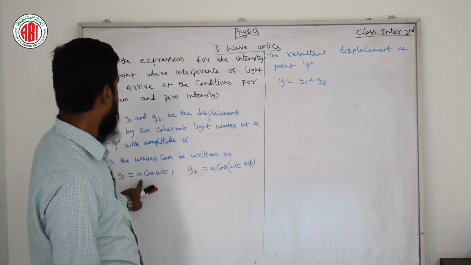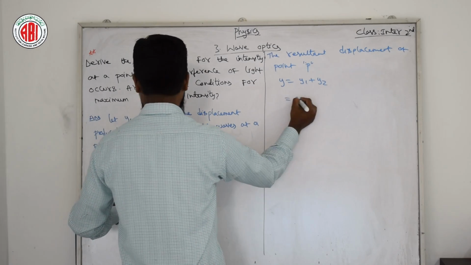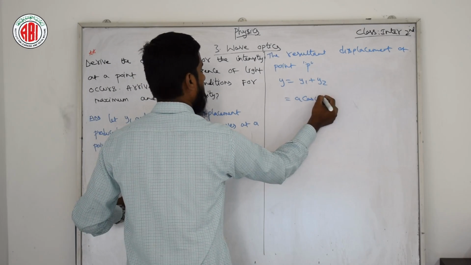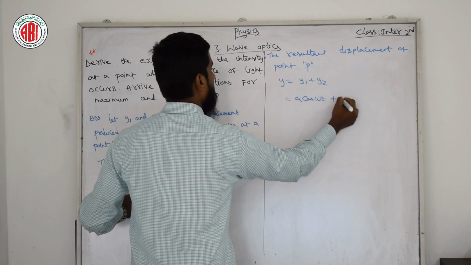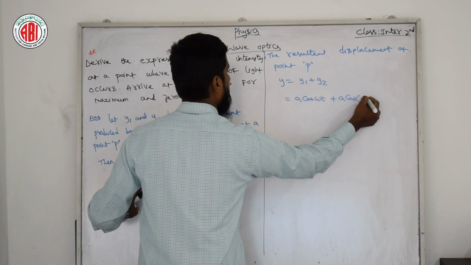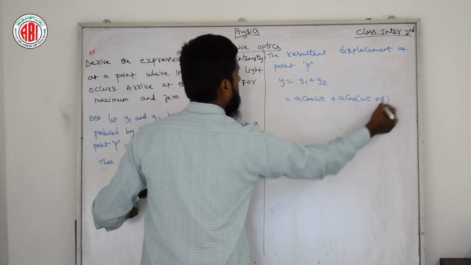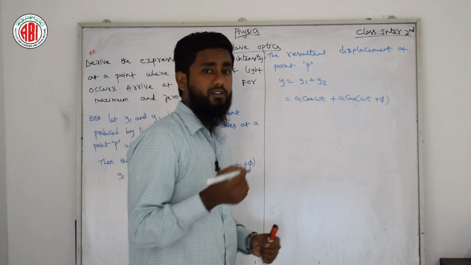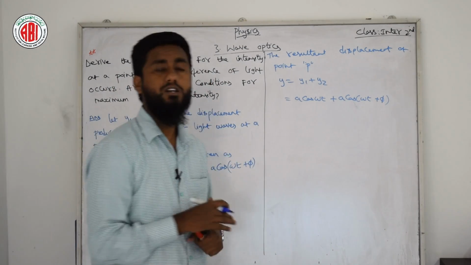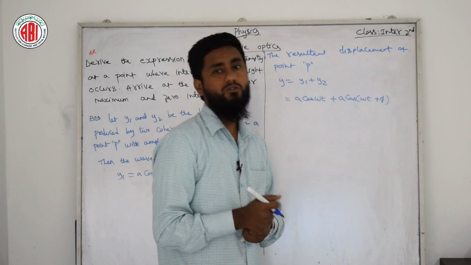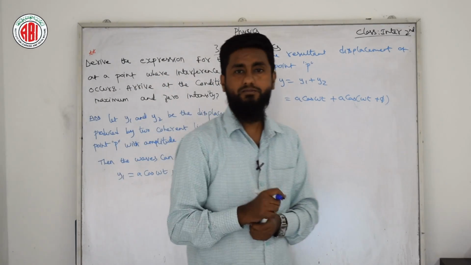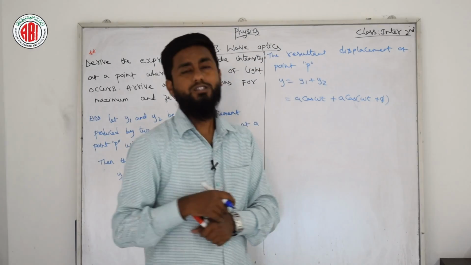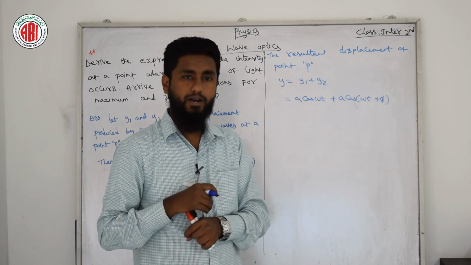So the y1 value we have is A cos ωt, and y2 is A cos(ωt + φ). We can write this using a formula we know: cos A + cos B = 2 cos((A+B)/2) cos((A−B)/2).